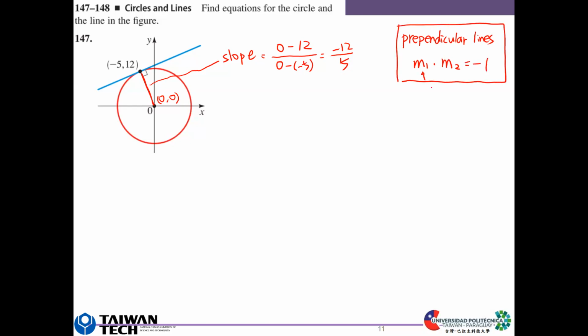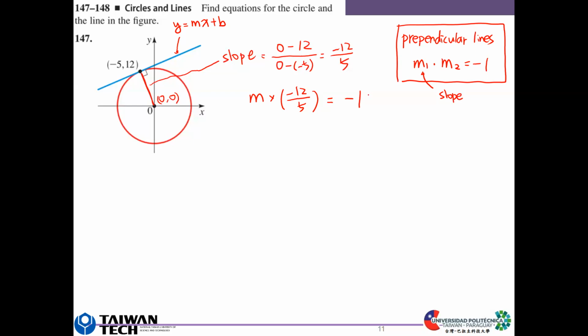So we can use this property to find the slope of this line. Suppose the equation for this line is y equals mx plus b. The slope of the line times the slope of this radius, -12/5, equals -1 because they are perpendicular.